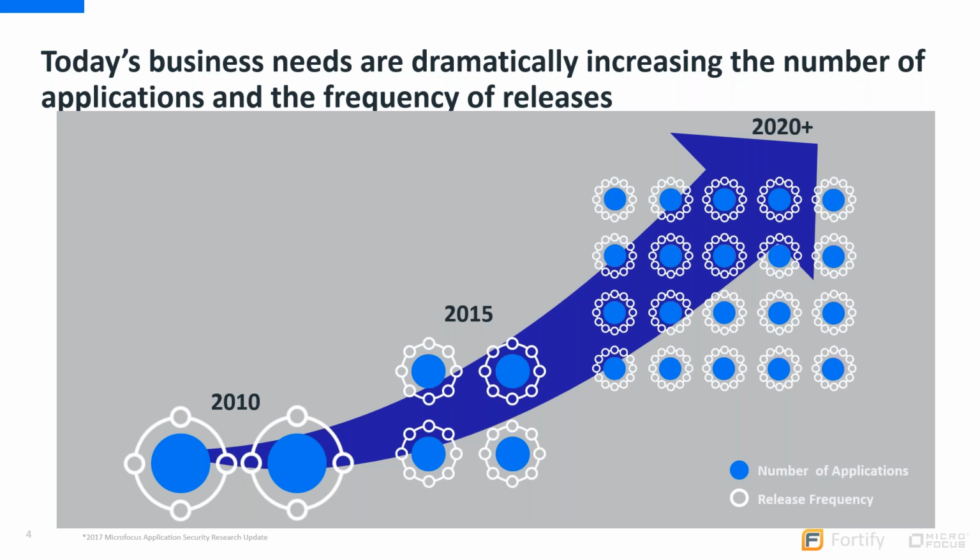So app developers are responsible for a much larger portfolio of applications, and those applications are undergoing a lot more releases. What this means for security is if any of these applications have a vulnerability, those vulnerabilities are getting released to the wild 10 times faster than they were previously.